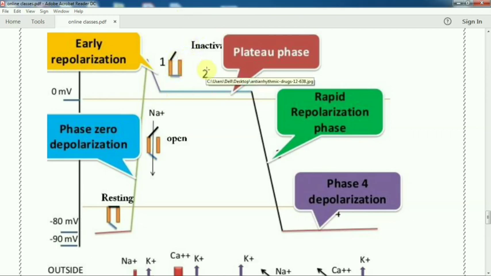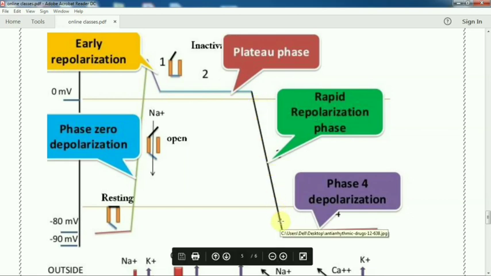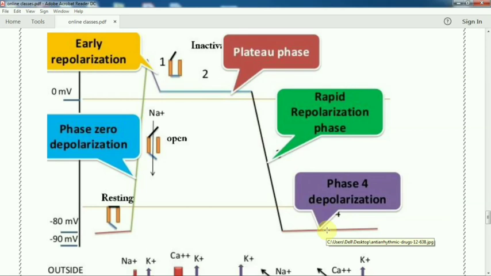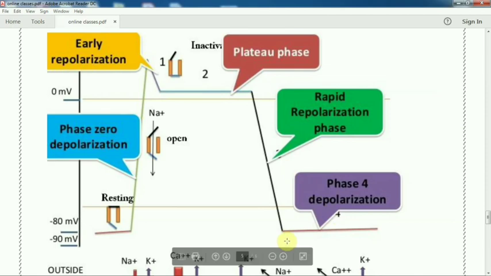Then the plateau phase, the constant phase at 0 millivolts, a balanced stage. Then phase 3, rapid repolarization, towards minus 90 millivolts. And in the last phase, the calcium and sodium channels are closed. So this is the resting phase.